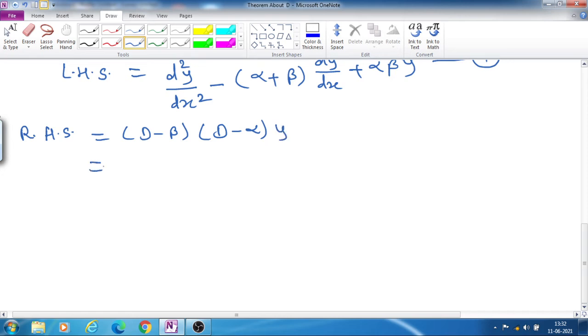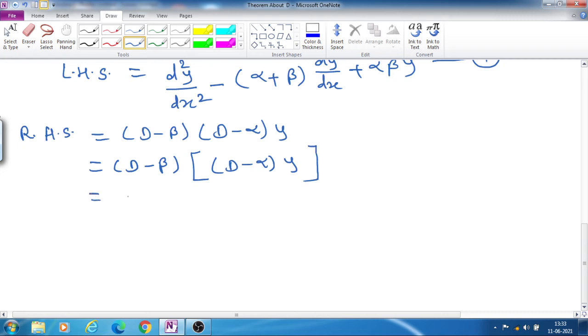As we did above for LHS, here also D minus beta is outside, and first we operate D minus alpha only on y.